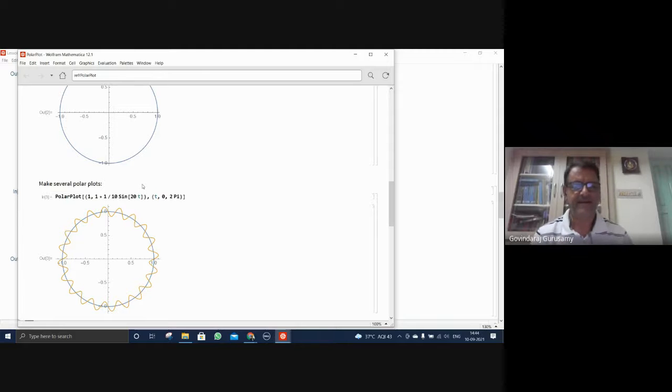This is what our hydrogen atom model, that electron, should be like: a sinusoidal wave, but the full wave should be available. There should not be any discontinuity between the waves. This is the idea being used here. And if you want to reduce the amplitude further, instead of 10 you make it 20.